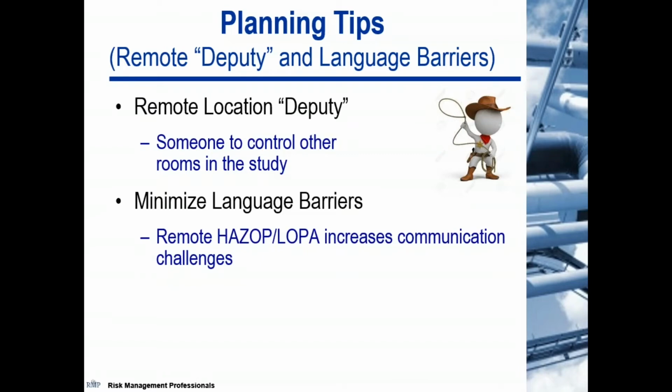Also, one of the things you want to be careful of in terms of picking the team, in terms of planning ahead, is language issues. If you're doing remote PHAs across several countries, there are some people with difficult speech characteristics. I remember one guy with a horrible accent who sat in the back of the room.